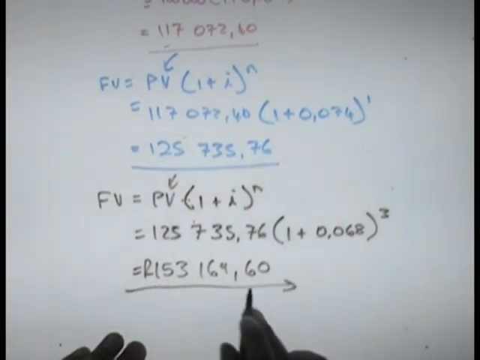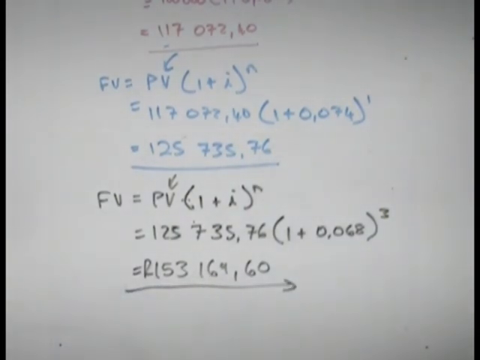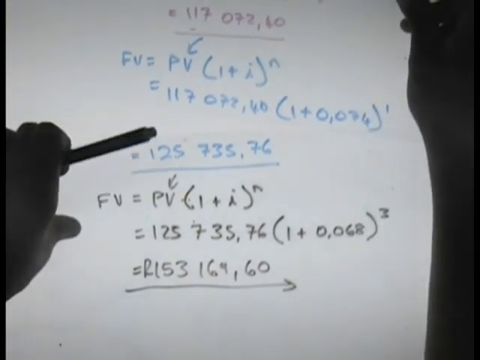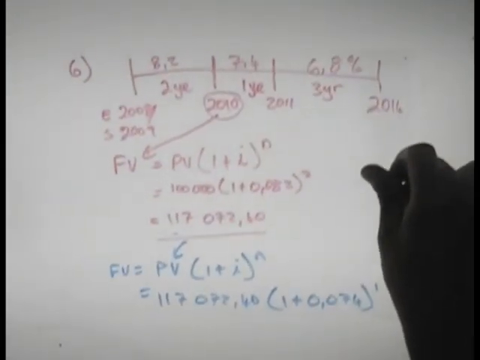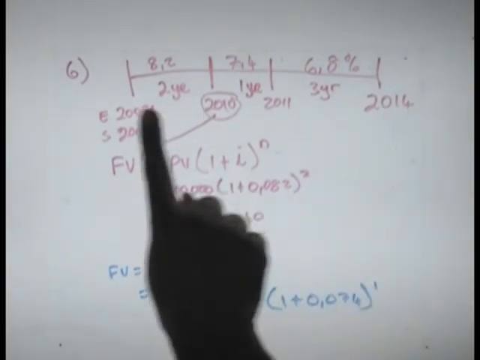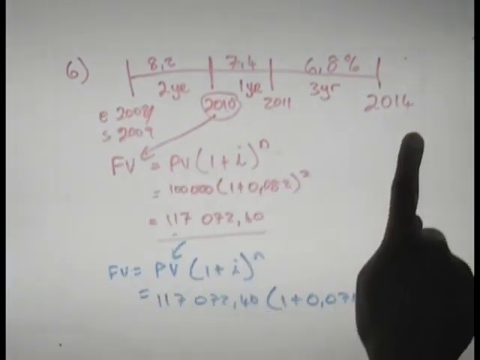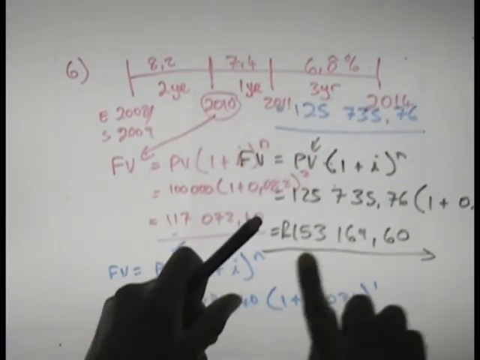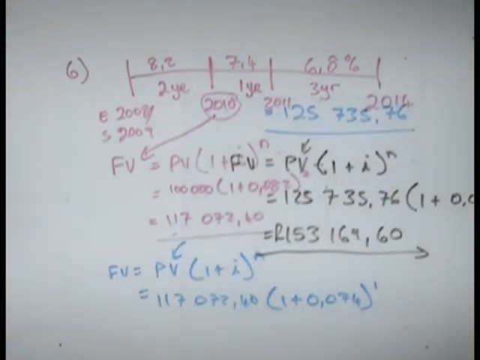This is the value of our asset at the end of 2014. After the 6-year period, our asset is worth 153,169 Rand 60 cents.